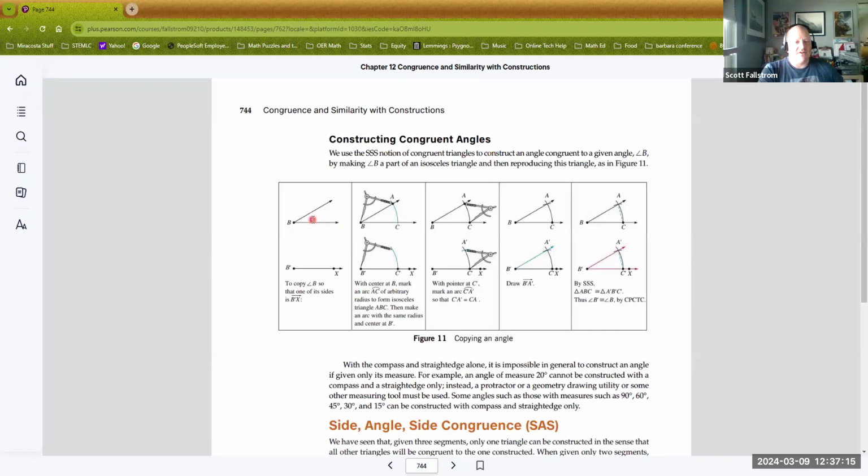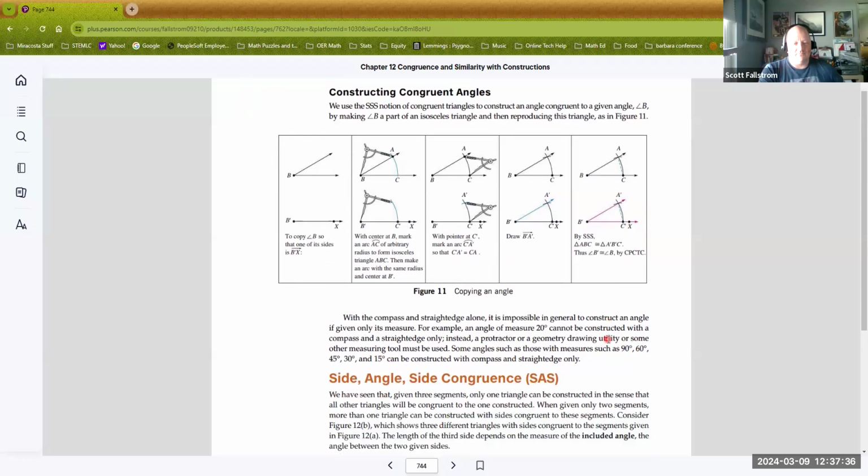And being able to construct an angle is a little bit more challenging than just doing a side, but I think you'll see the reason why the angles turn out to be congruent is we're going to build triangles. And when we build triangles, especially congruent triangles, we can use things like side, side, side to say, aha, the corresponding pieces must be congruent.